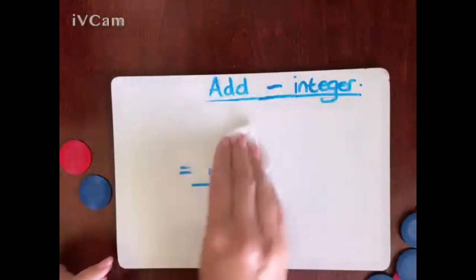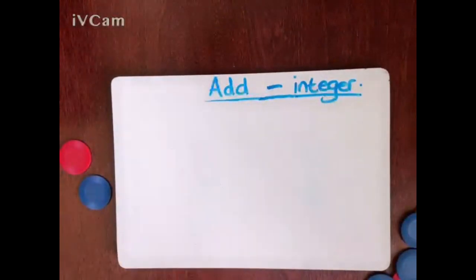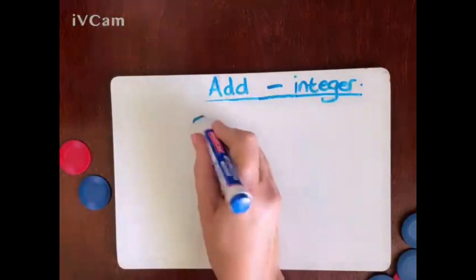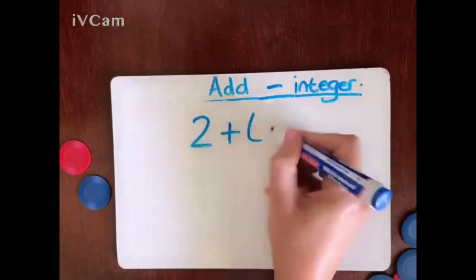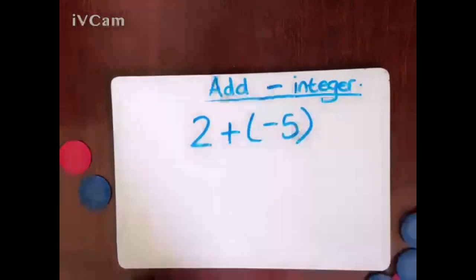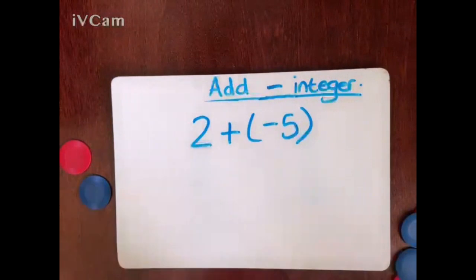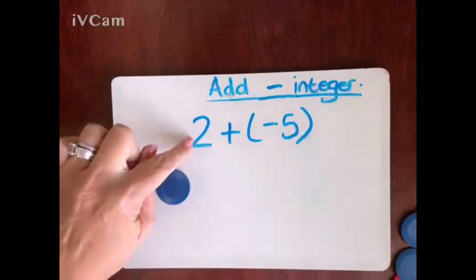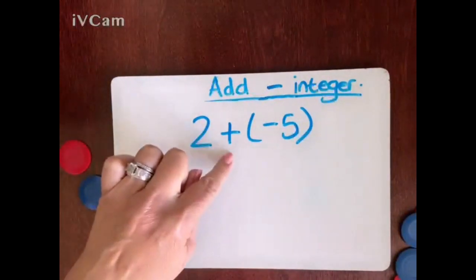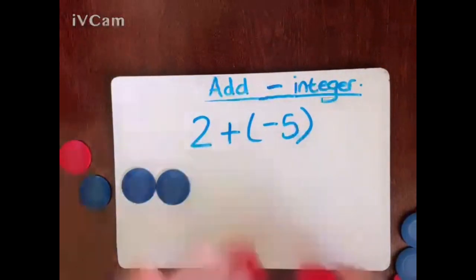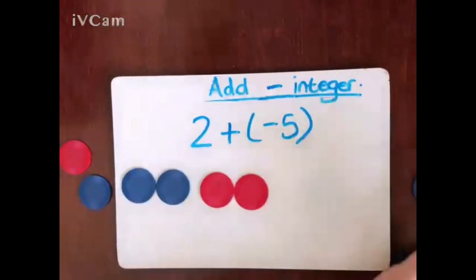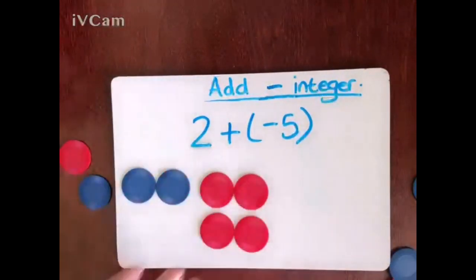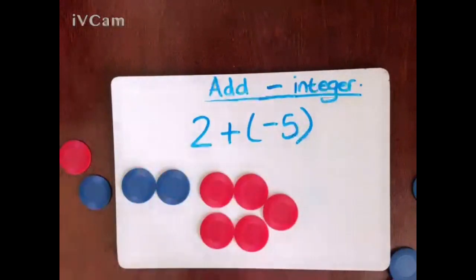Let's do another little example. Let's take 2 and we add negative 5. So model the situation. 2 blue discs, and we are going to add 5 red discs. 1, 2, 3, 4, 5.